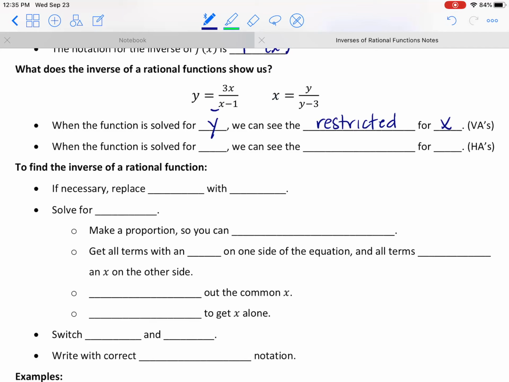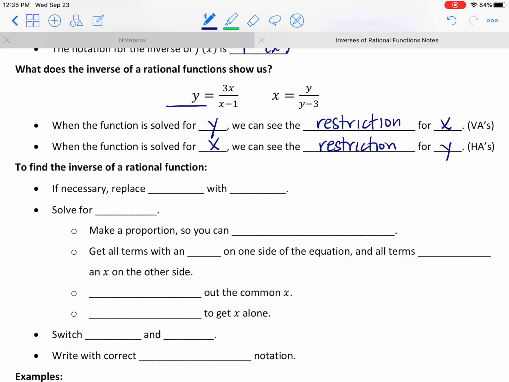Okay? So when the function is solved for x, we can see the restriction for y.